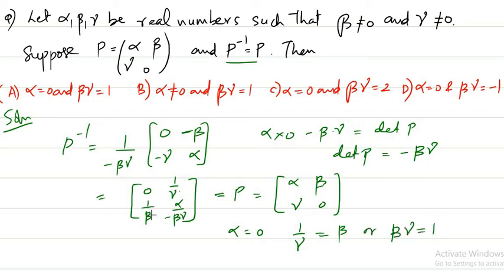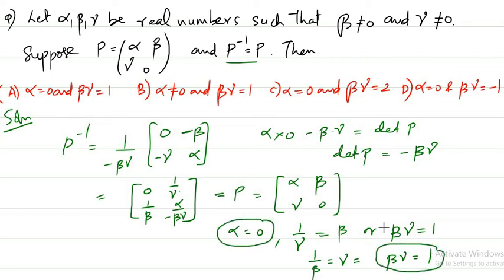Same thing you get from here also: 1 by beta is equal to gamma, or beta gamma is equal to 1. So we got the value of alpha and we got the value of beta gamma. From this I think we can say that the correct option here is this one.